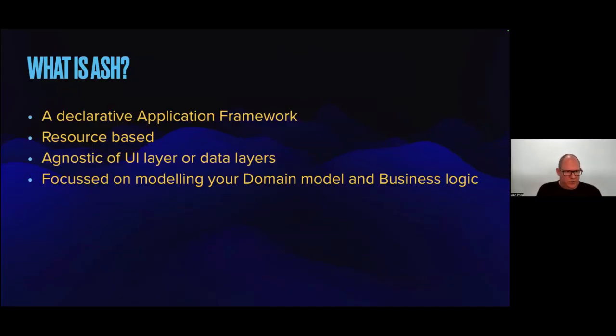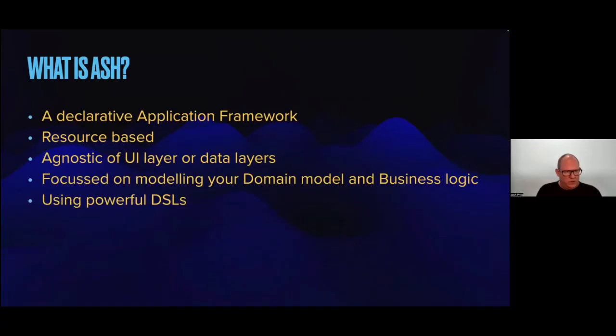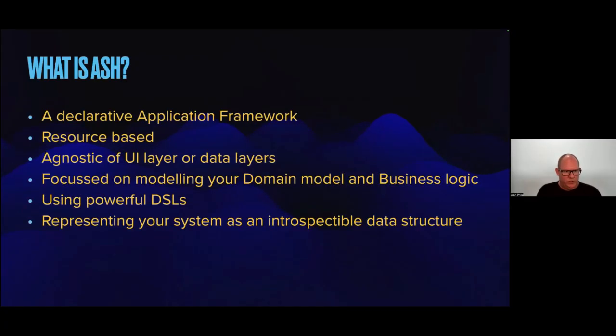Going back to the iceberg metaphor, we're mainly focused on modeling your domain model and your business logic. Anything that isn't in support of that, we're trying to avoid the busy work and boilerplate of that. We're using DSLs everywhere, so that's pretty important. We'll see some examples of that. And the big idea is that we represent your system once you've declared it using the Ash DSLs.